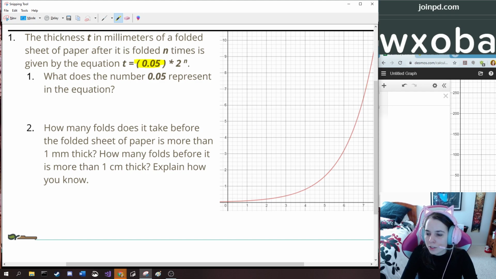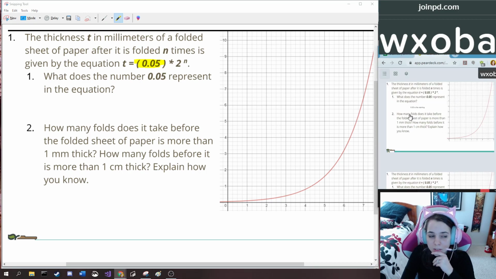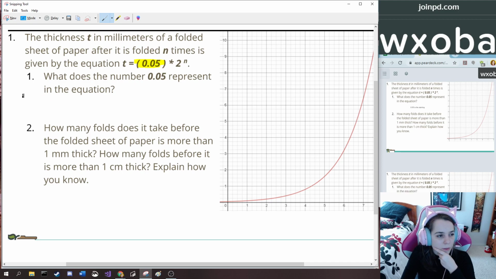Okay, so I'm going to show some student responses because I want to see your words for it, how you guys describe it. One student said that 0.05 is the starting, and that is true. This is always going to be the start. But the starting what?